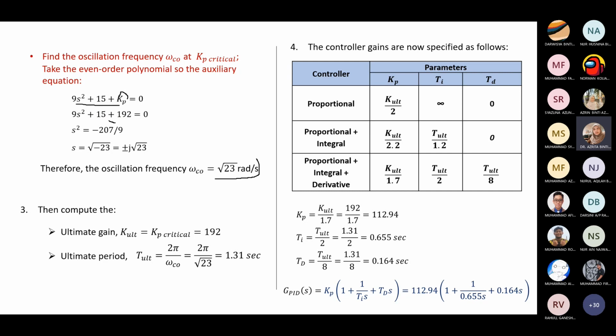So we obtain that the value of omega c naught is square root of 23 radian per second. And then we compute the K ultimate and T ultimate. After that, we just use the table to obtain the values of Kp, Ti, and Td.